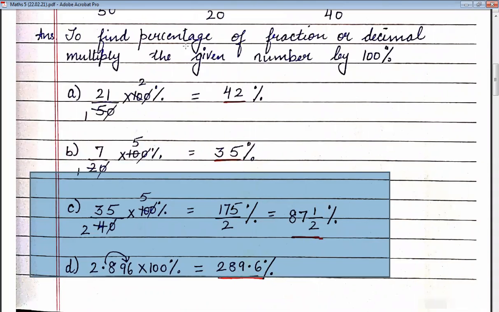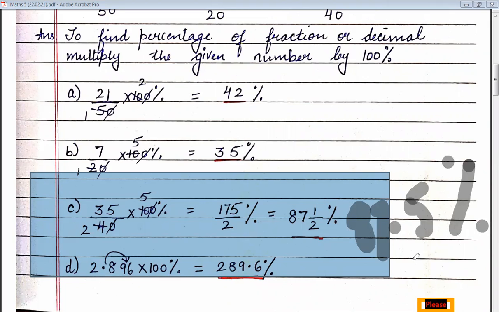You will get 87 1 upon 2%. Or children, you can write in decimal, that is 87.5%, because half means 0.5. So you can write 87.5%.